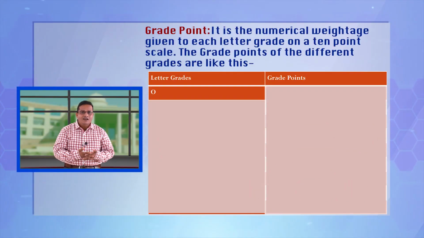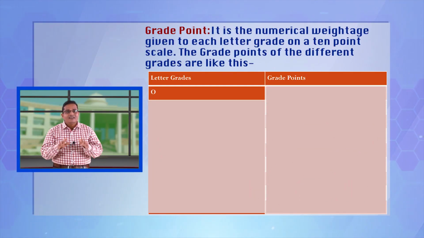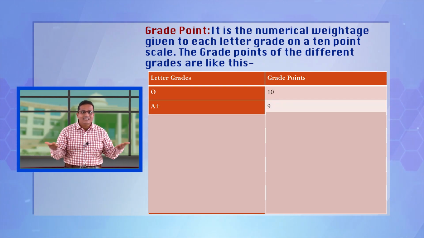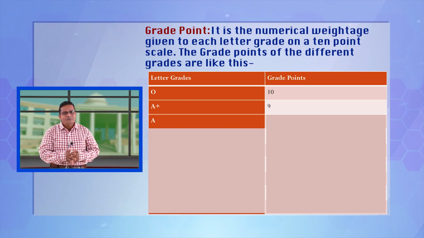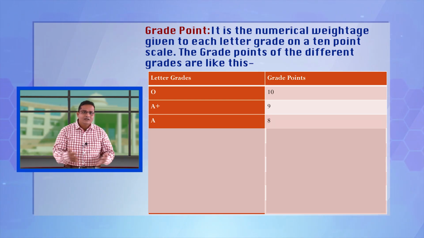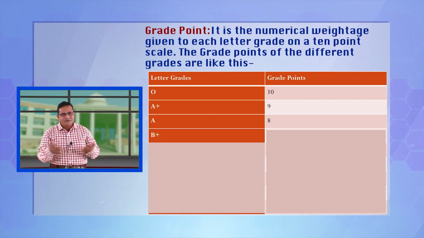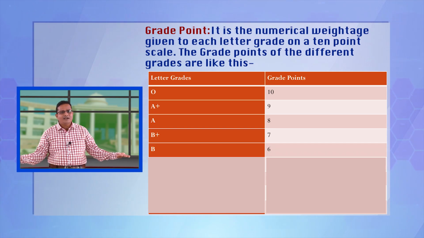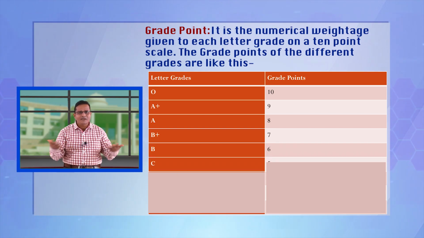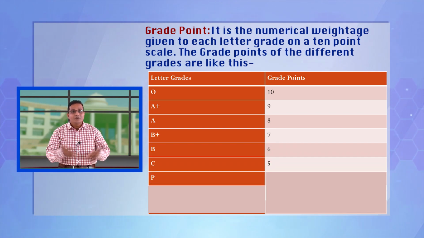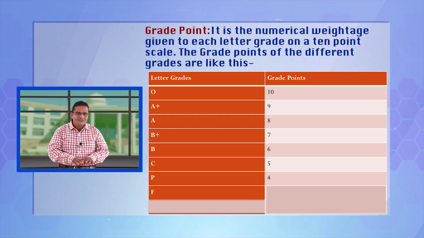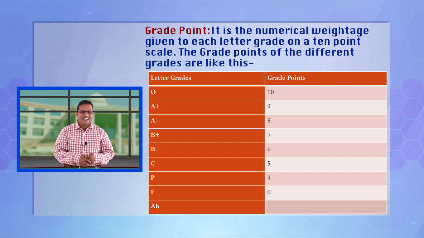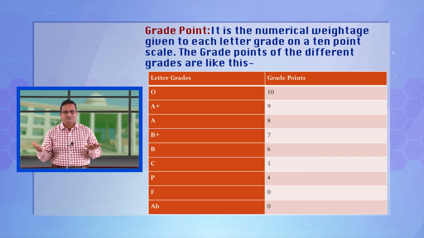O means 10 grade points, A plus means 9 grade points, A means 8 grade points, B plus means 7 grade points, B means 6 grade points, C means 5 grade points, P means 4 grade points, F means 0 and AB means absent or 0.